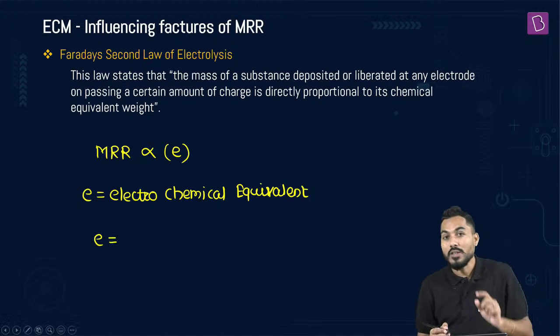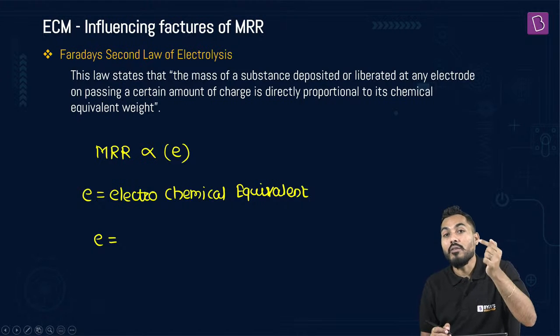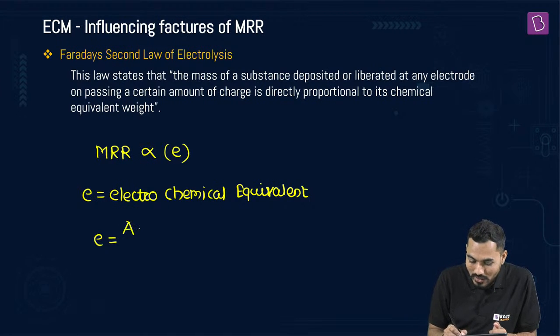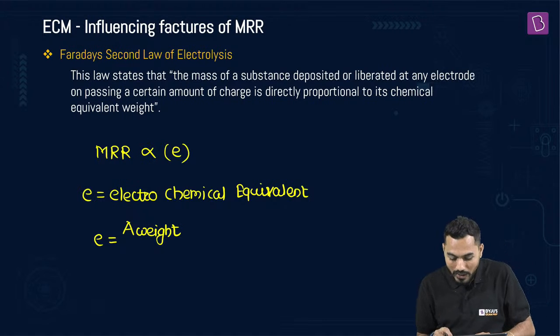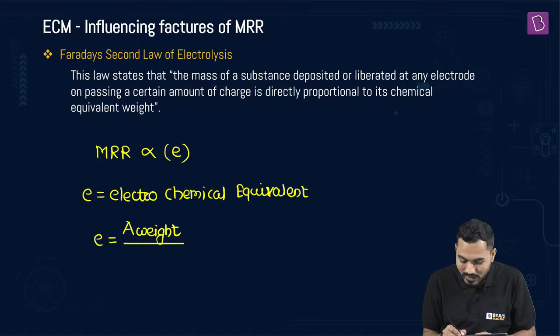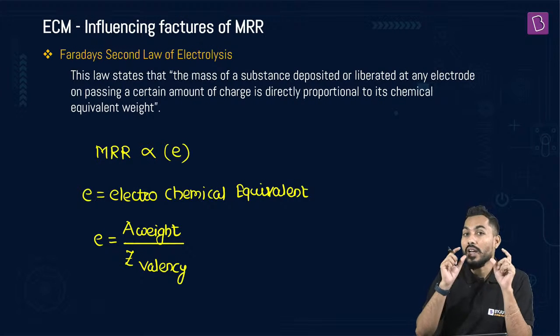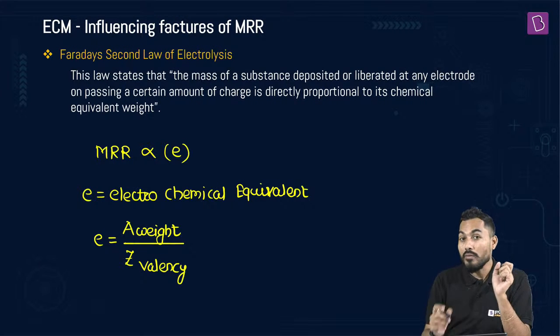And what is the definition of electrochemical equivalent? Electrochemical equivalent is nothing but gram atomic weight divided by valency. So A stands here for gram atomic weight, divided by Z. I'm just utilizing these letters. Z stands for valency. So material removal rate is directly proportional to the electrochemical equivalent.